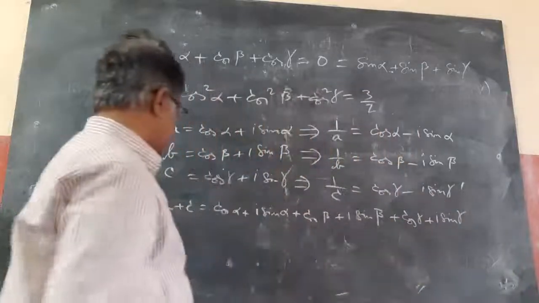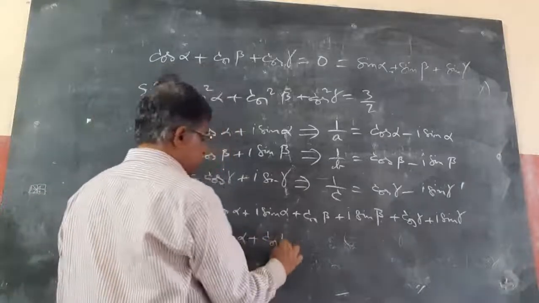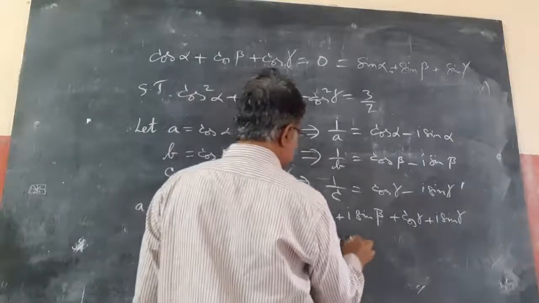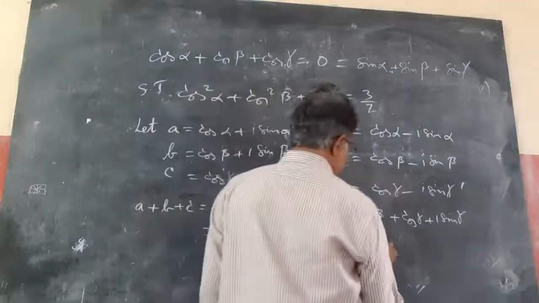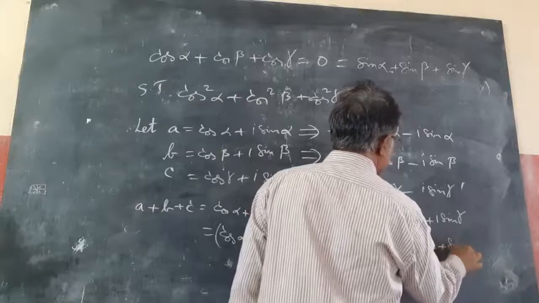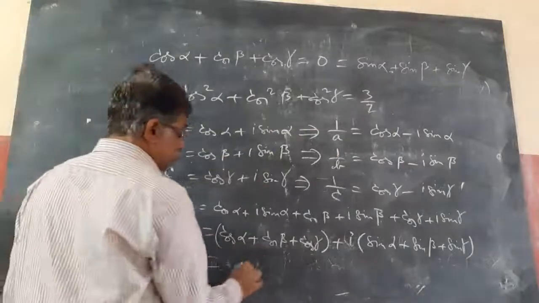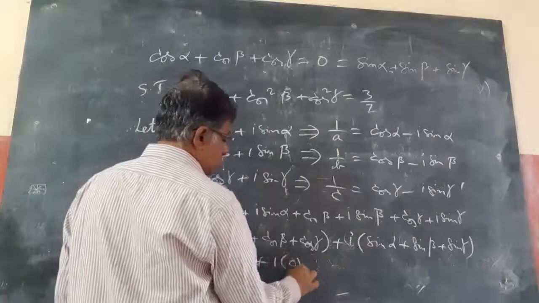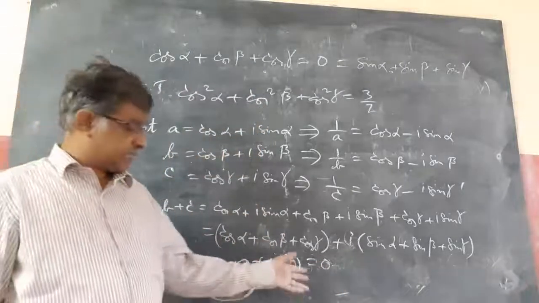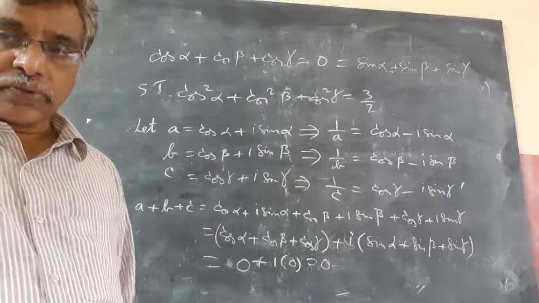Now this becomes cos alpha plus cos beta plus cos gamma plus i into sin alpha plus sin beta plus sin gamma. So this is 0, and i into 0 equals 0. Same as the previous one, a plus b plus c equals 0, the first point.